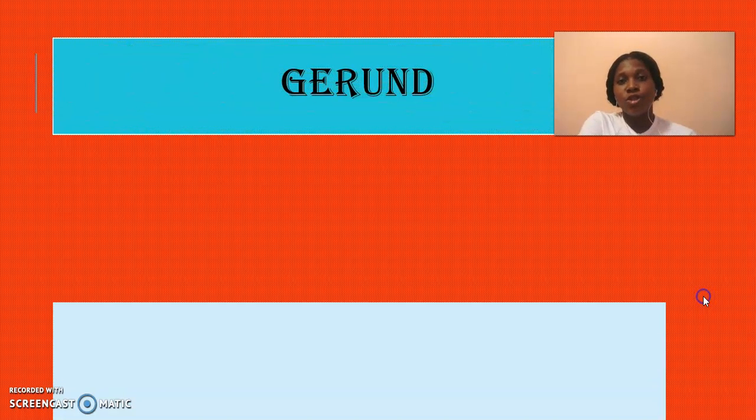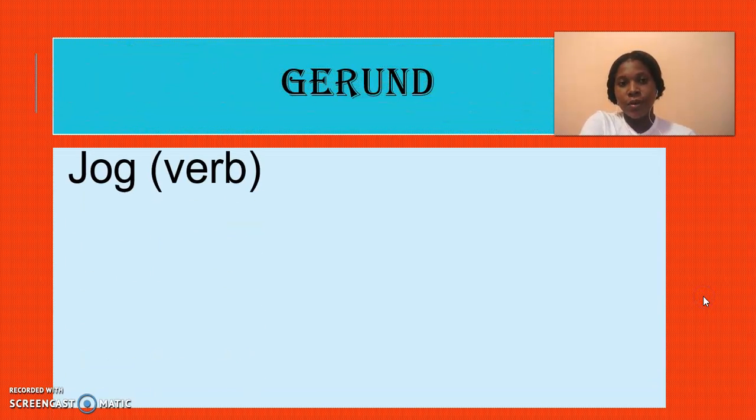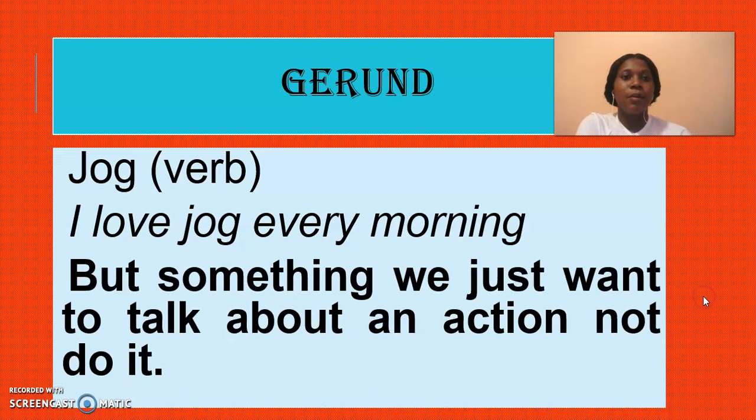And we continue with gerund, okay. An example, jog. As you know, it's a verb now, right? One sentence is, I love to jog every morning, right? We use jog as a verb.